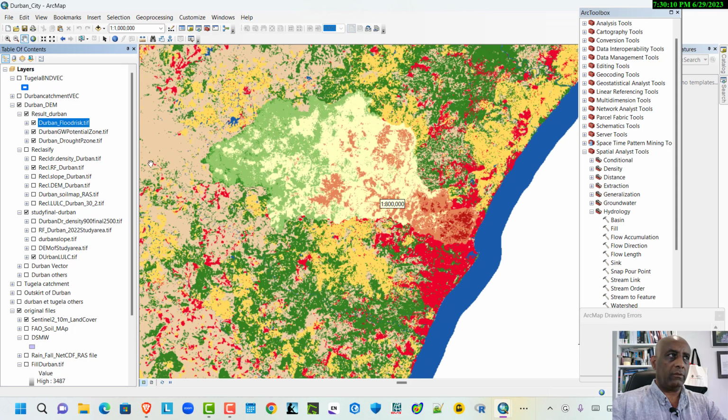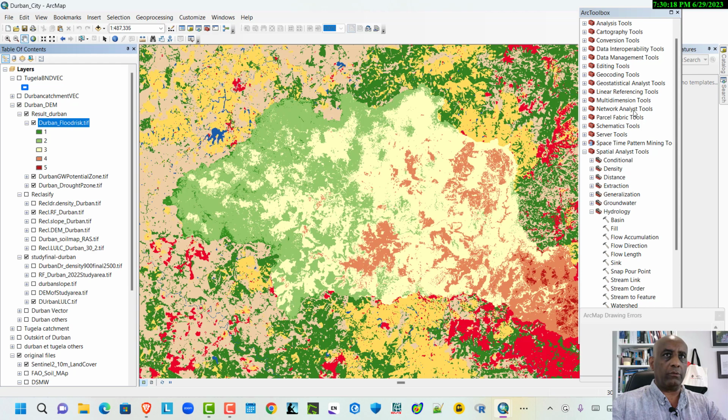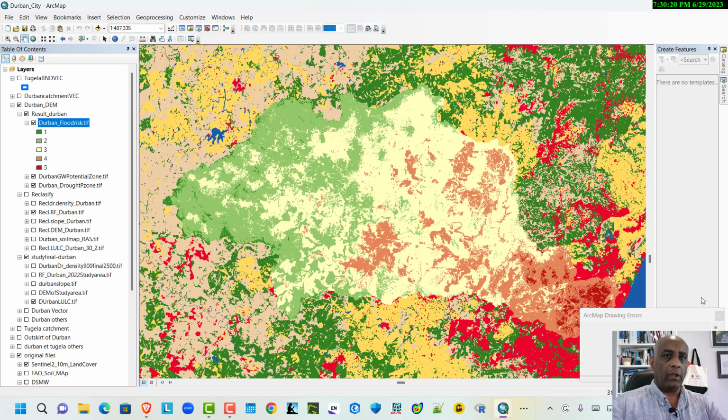This is the result for flood risk zone. We can see the flood risk zone of KwaZulu-Natal is this. Number 5 indicates that highly risky area is this one, around Durban area.